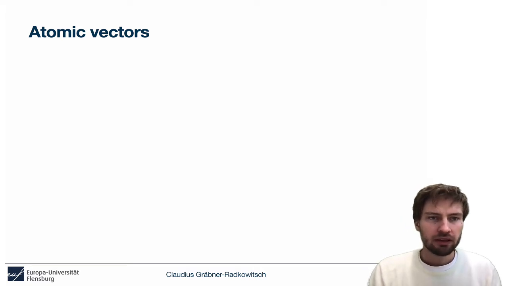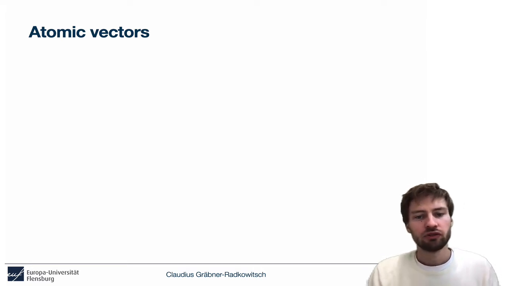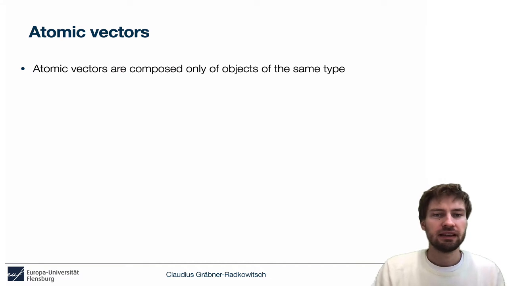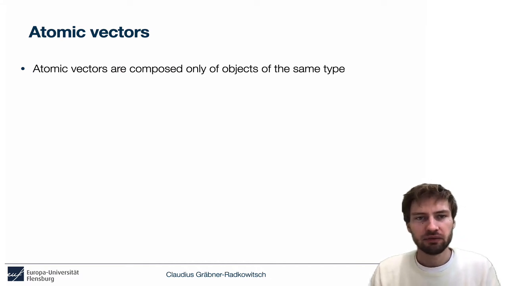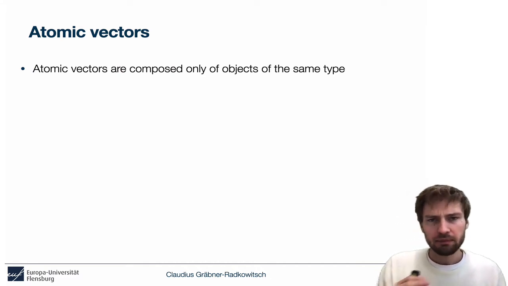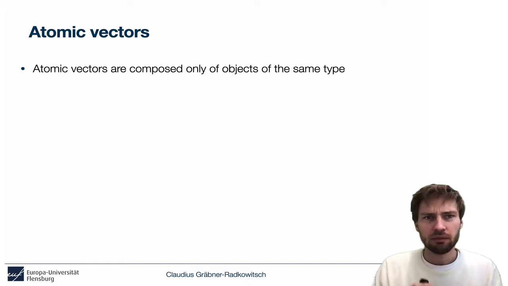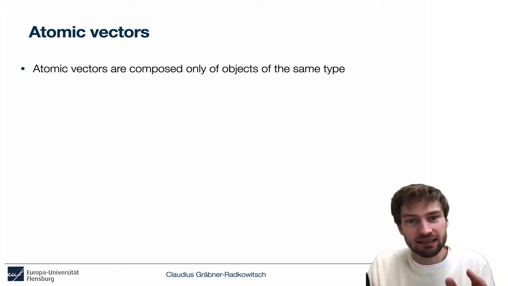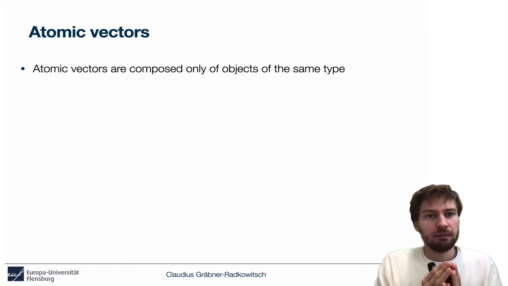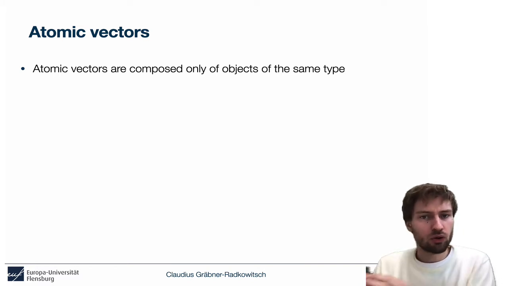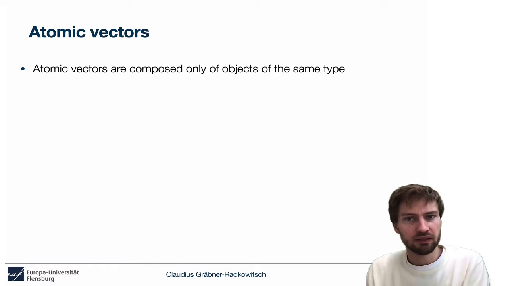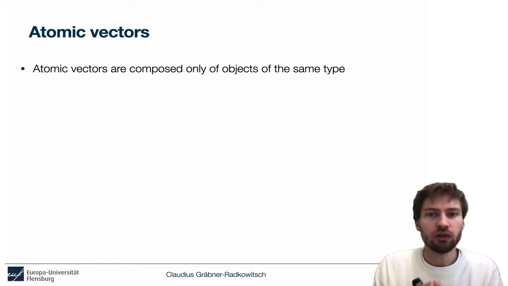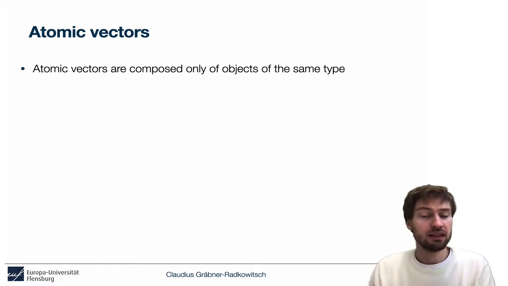The important thing that distinguishes atomic vectors from other kinds of vectors is that they are composed of objects of the same type. So mathematically, you can think of atomic vectors as sets of objects. So an atomic vector contains one or more objects. These objects need to be of the same type.